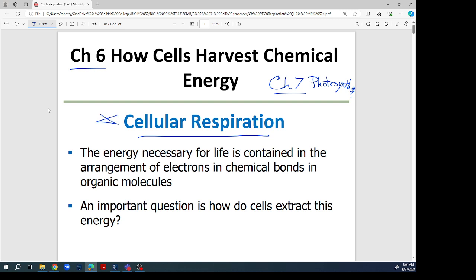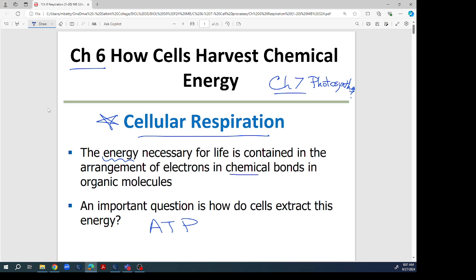So cellular respiration, if we start with that, we're going to talk about that mighty mitochondria, the powerhouse of the cell. And we are also kind of picking up where we left off with that molecule of ATP. And so basically, we need to get energy for cells to stay alive. And the key thing about energy is we're talking about potential energy.